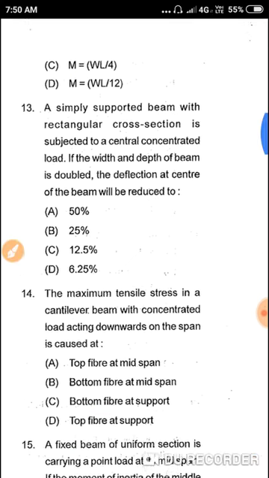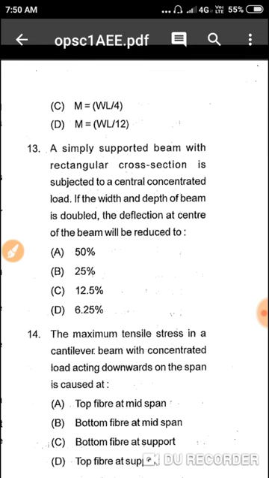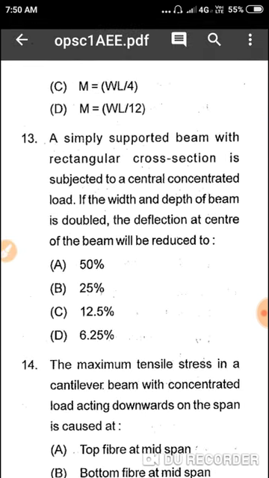Question number 13. A simply supported beam with a rectangular cross section is subjected to a central concentrated load. If the width and the depth of the beam are doubled, the deflection at the center of the beam will be reduced.